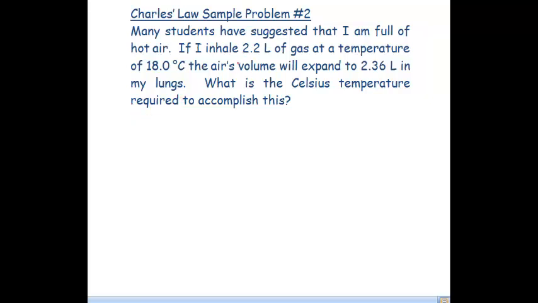Okay, first thing I find here, 2.2 liters. What is that? Liters is an expression of volume. That's the first volume you see in this problem, so that's V1. I'm told that 2.2 liters of gas is at a temperature of 18.0 degrees Celsius. That's my first temperature.